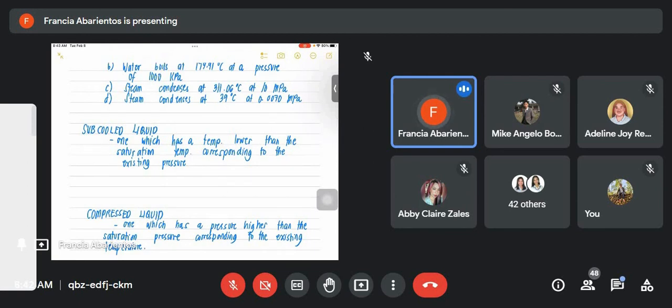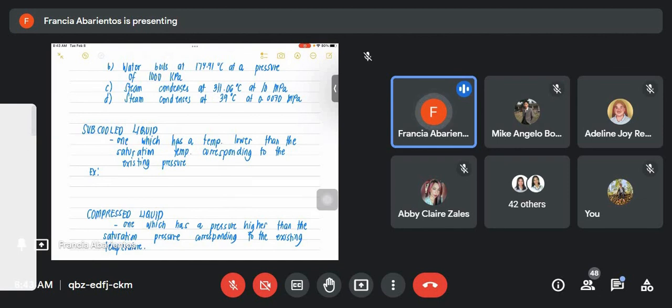So let's go to subcooled liquid. Subcooled liquid, class, is one which has a temperature lower than the saturation temperature corresponding to the existing pressure. So, what is the example for this? Okay, let's go to our steam table.